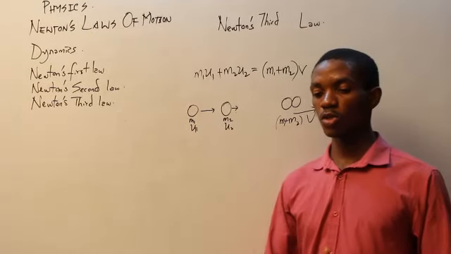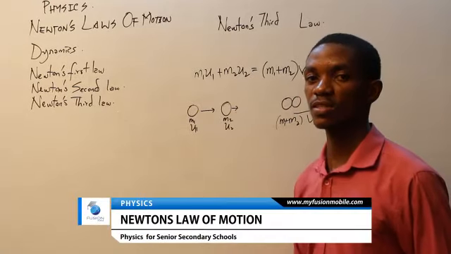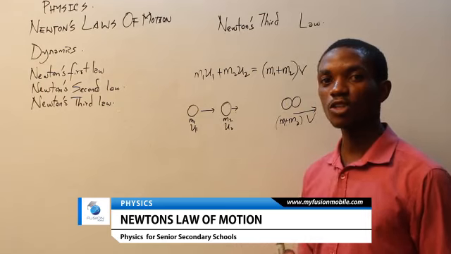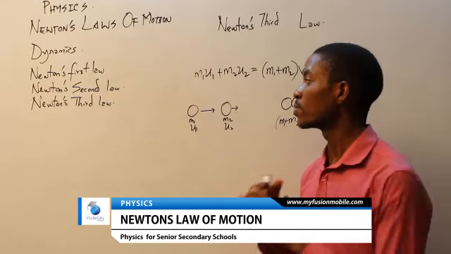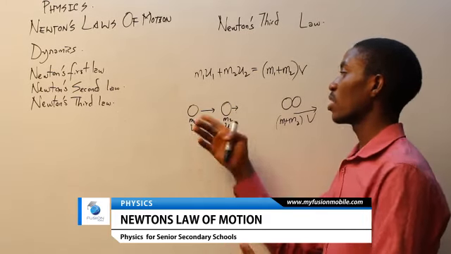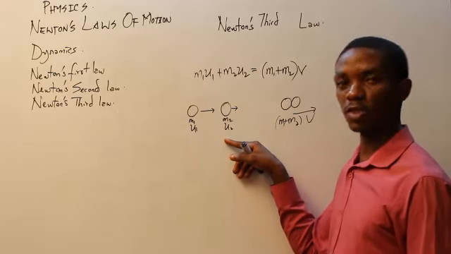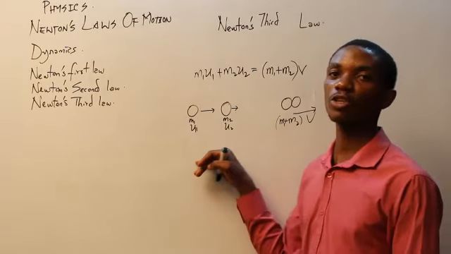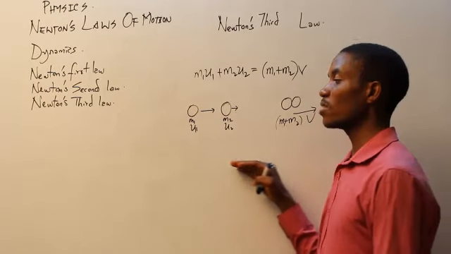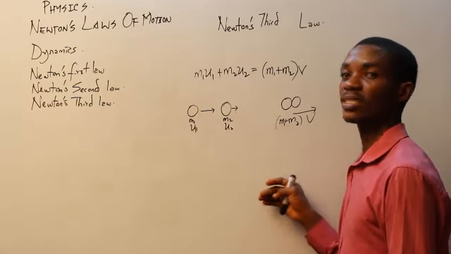Now, I want you to always keep in mind, every time you're working with vector quantities, directions matter. If these two bodies are moving in opposite directions, if you're taking forward direction as positive, then backward direction should be taken as negative. If you're taking backward direction as positive, then forward direction should be taken as negative.